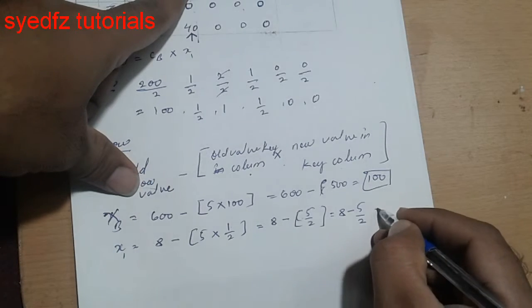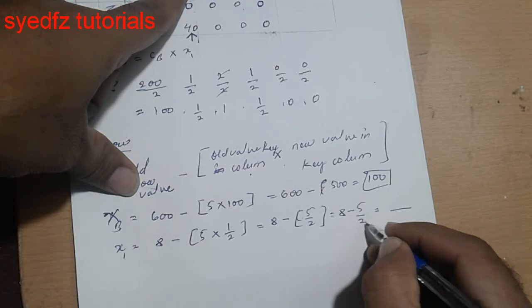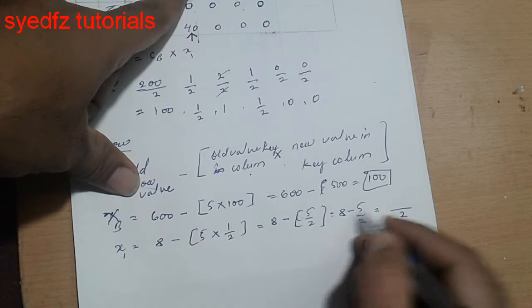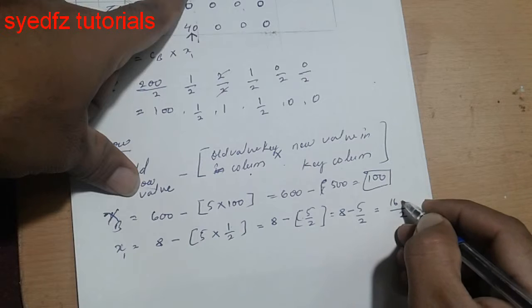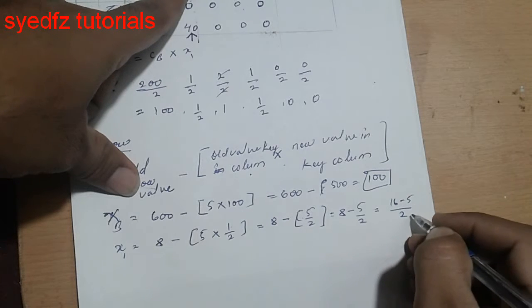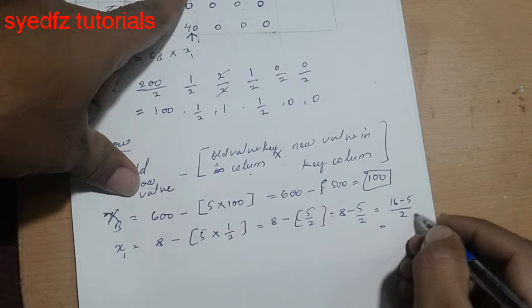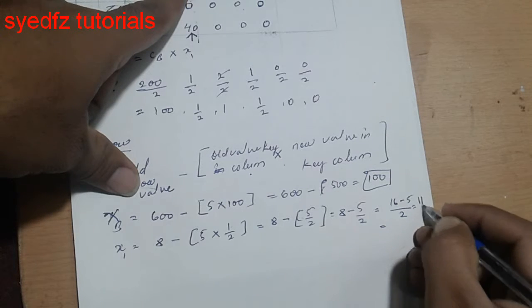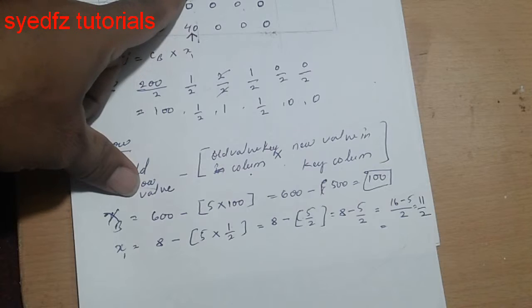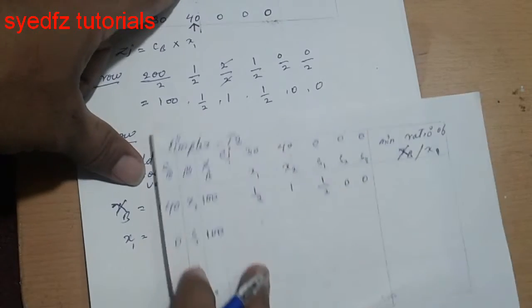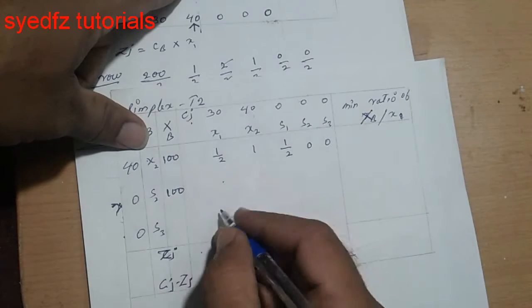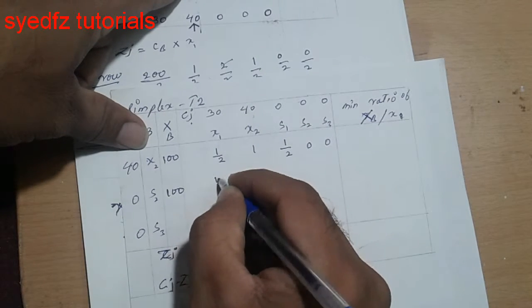How do you calculate? Take the LCM, which is 2, 2 eights are 16. This 5 remains because there is already a 2. So 16 minus 5 is 11 divided by 2. So what value did we get? 11. So in the new table, x1 is 11 divided by 2.